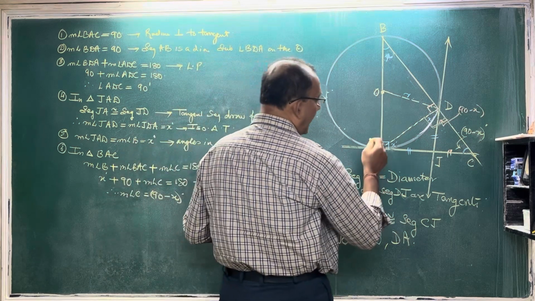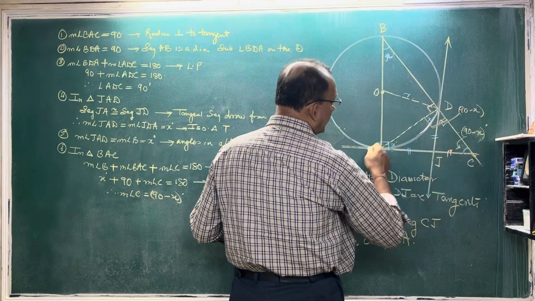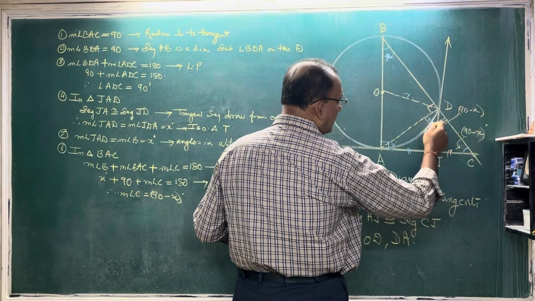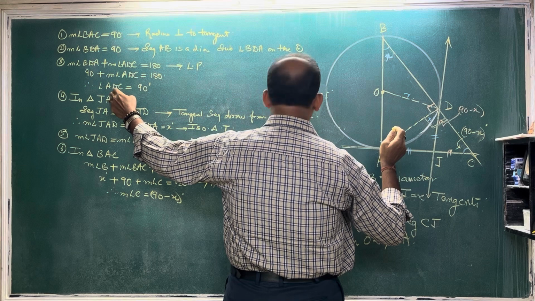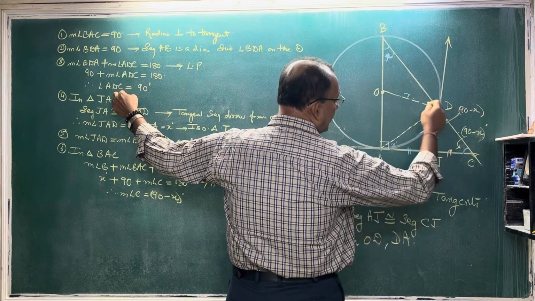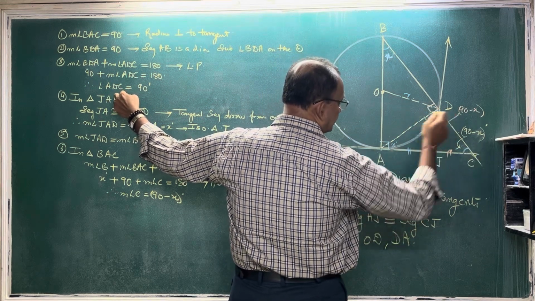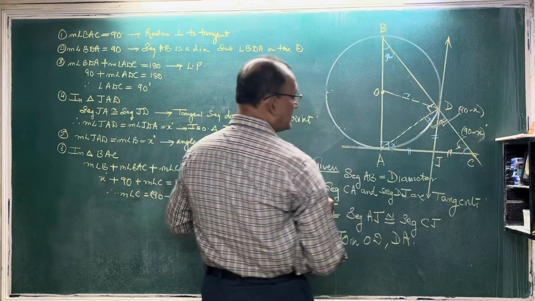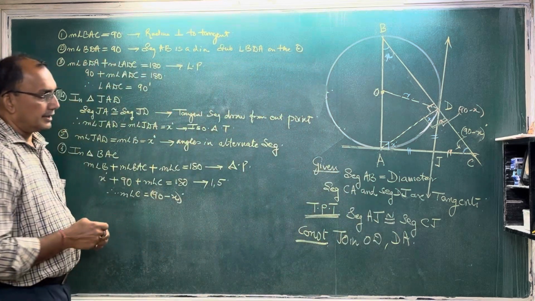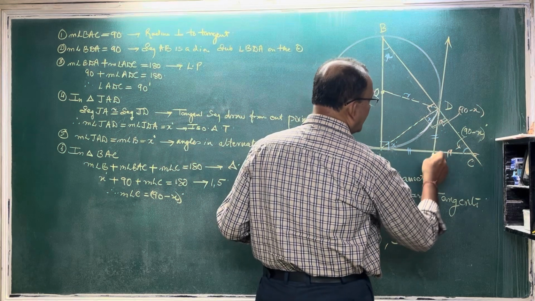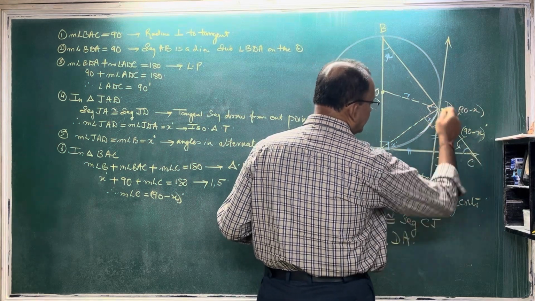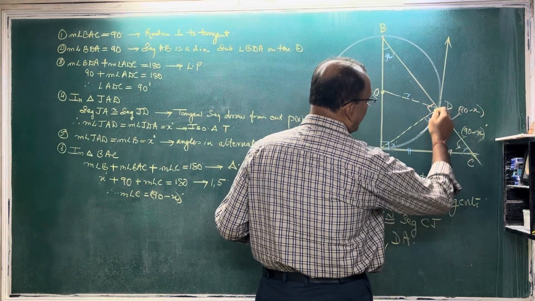Now angle ADC was 90. We have already put it up here. Now based on that, I have to find out measure of angle JDC. How will I get measure of angle JDC?